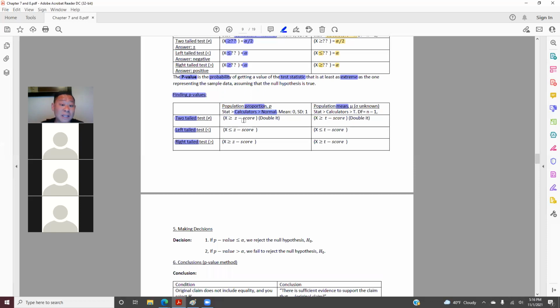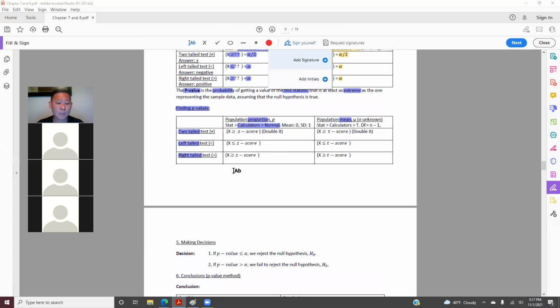The z-score is usually given in the question. Then you leave this blank, make sure you leave this blank. In StatCrunch, you just type in X is greater than or equal to the z-score, which is given in the question, and leave it blank.